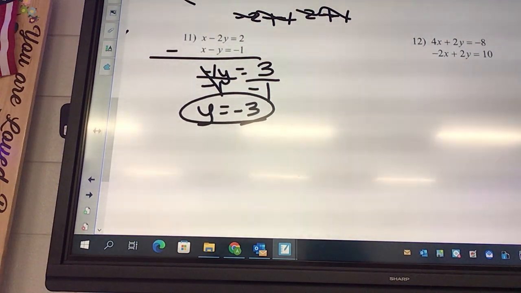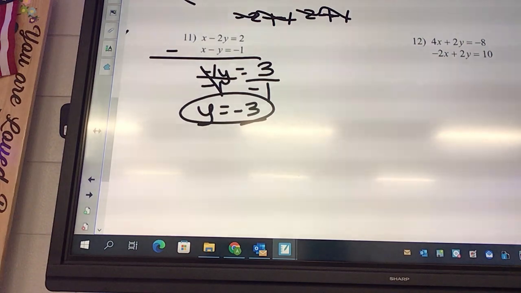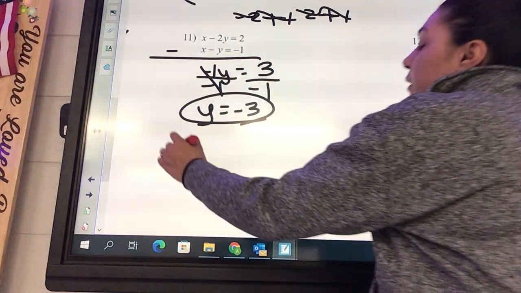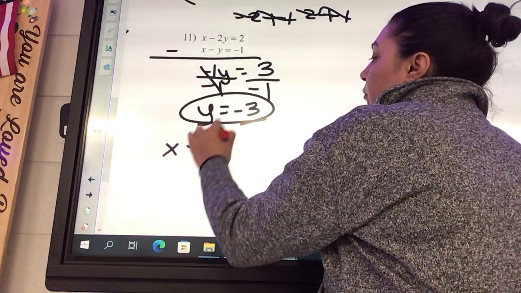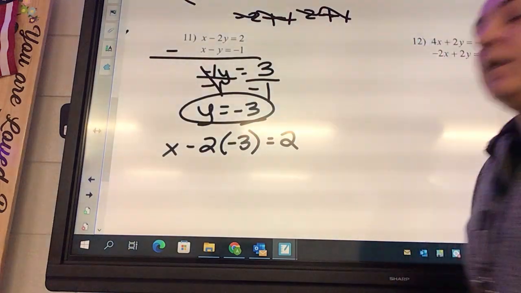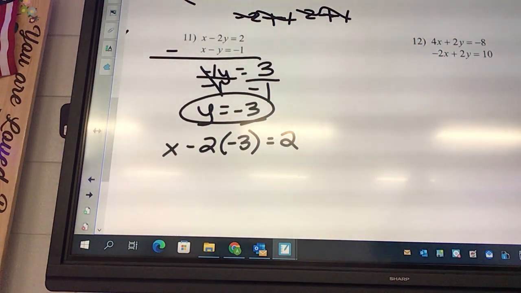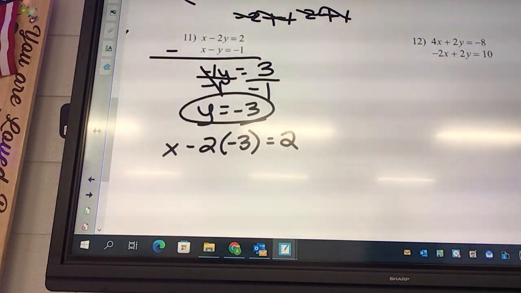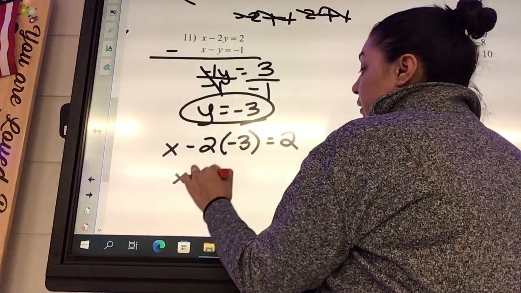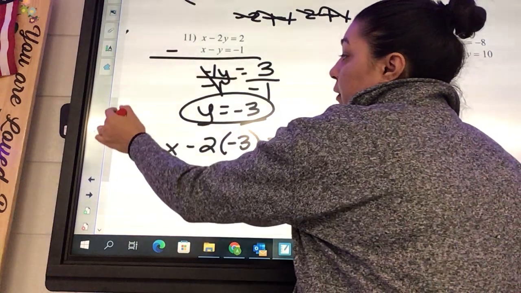Okay, which one do you want to plug that into? Equation 1? Does it matter which equation? No. Okay, what is -2 times -3? Positive 6. So we got x plus 6 equals 2.